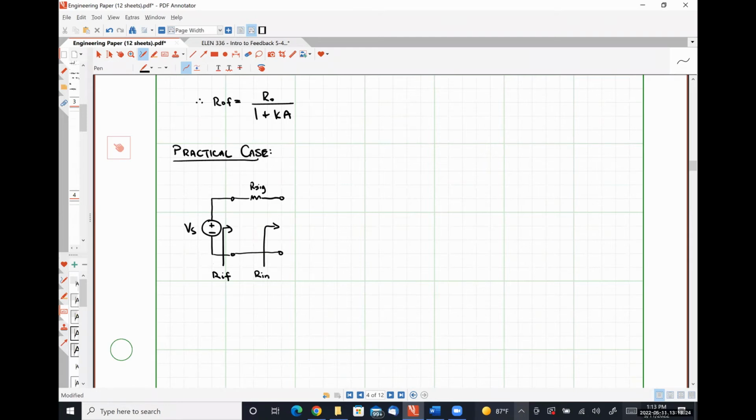Okay. Now, I don't mean the input resistance of the open loop amplifier. This is more the input resistance of the closed loop system without this series contribution of RC. Okay. Now, draw a line over here, over here. So this is going to be our open loop amplifier.